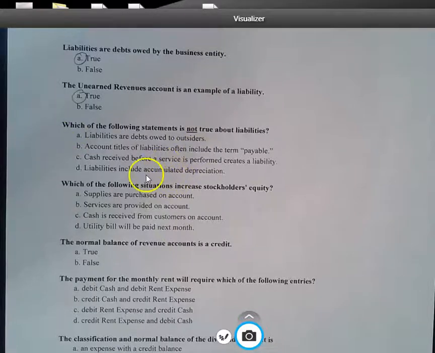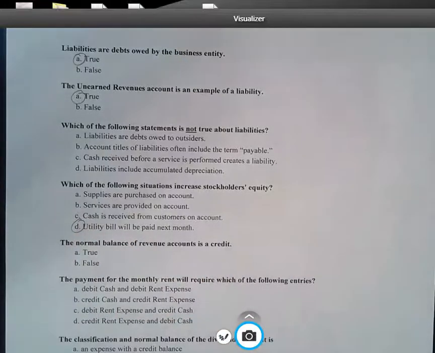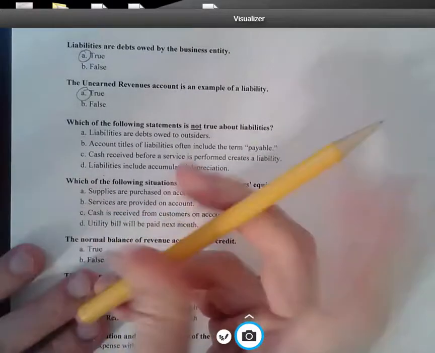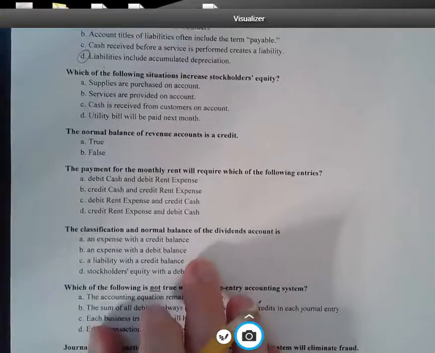We're going to talk about accumulated depreciation later in the course, but for now, what I would really rather you understand is that A, B, and C are definitely liabilities, and that D is dealing with something that we haven't talked about, and so through a process of elimination you can get the correct answer, because you hopefully know that A, B, and C are liabilities.